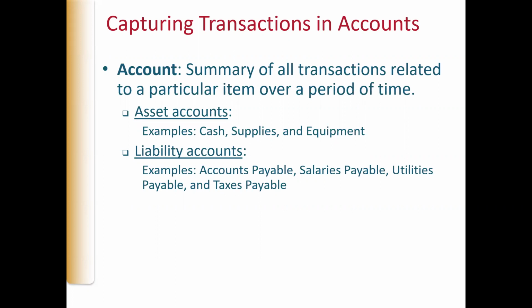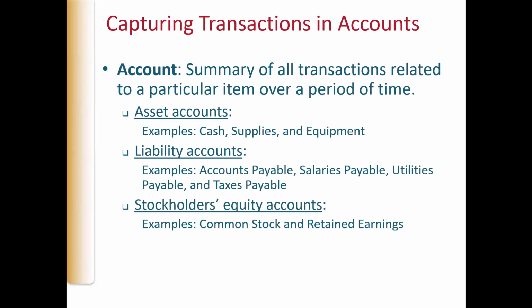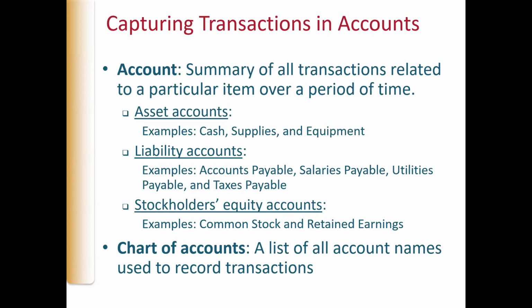They're all accounts within the category, the big heading, assets. The category liabilities can show various accounts such as accounts payable, salaries payable, utilities payable, taxes payable. Then we have the stockholder equity accounts, common stock and retained earnings.